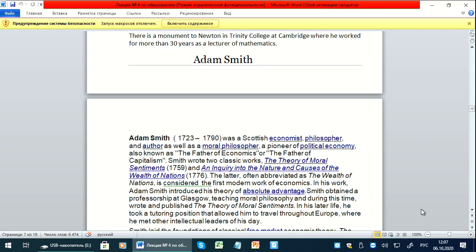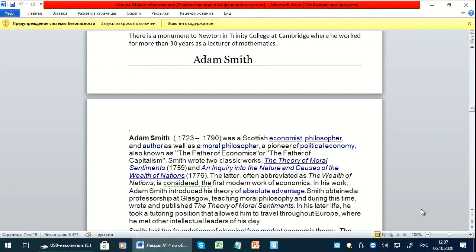The latter, the second work, is often abbreviated as The Wealth of Nations, and it is considered the first modern work of economics. In his work, Adam Smith introduced his theory of absolute advantage.